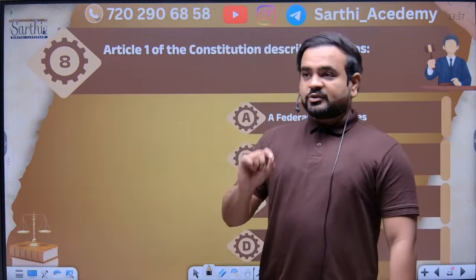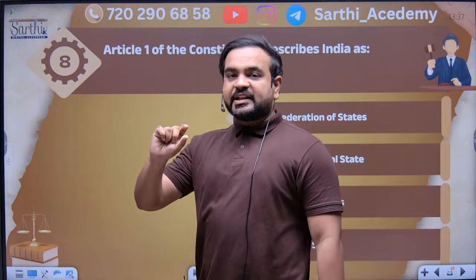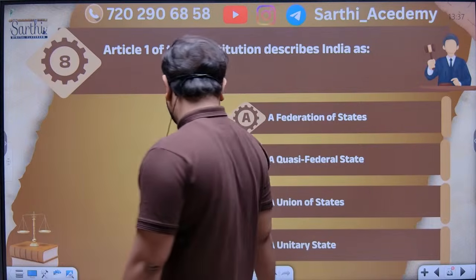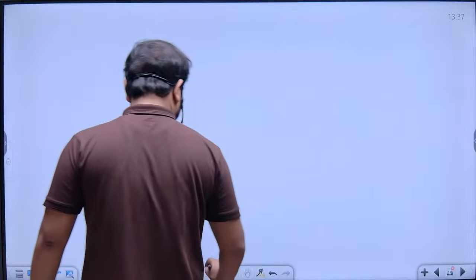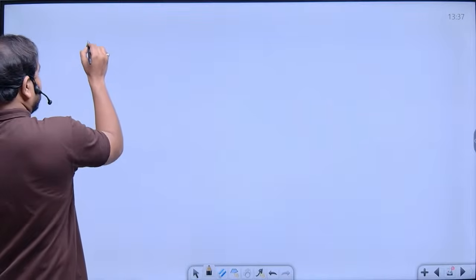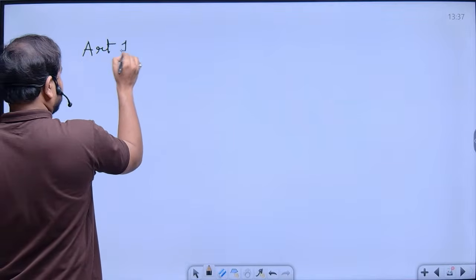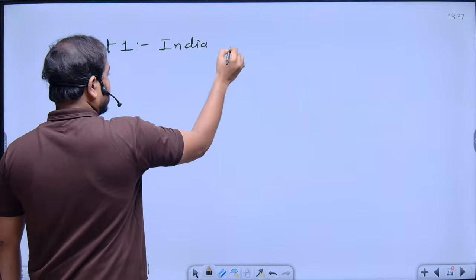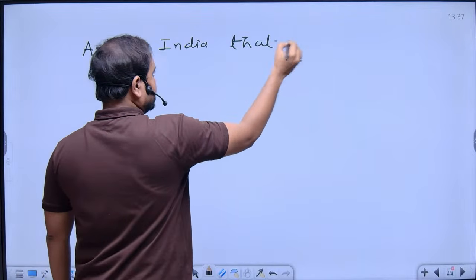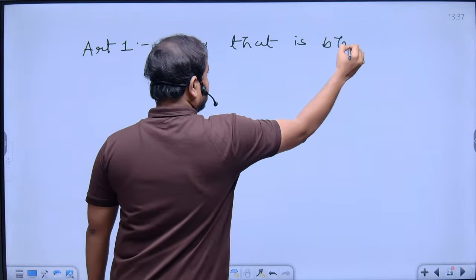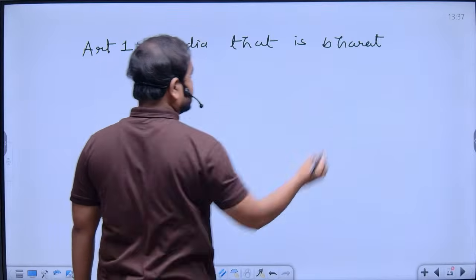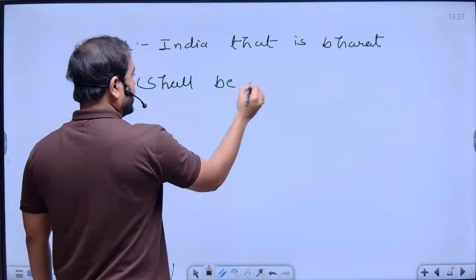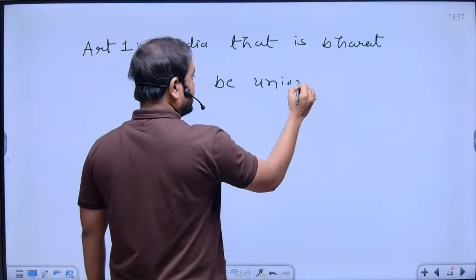The wording is: India, that is Bharat, shall be a union of states.